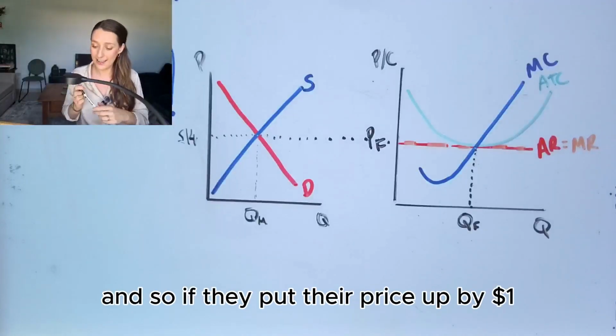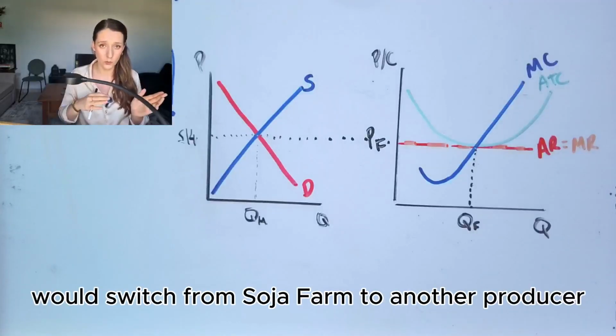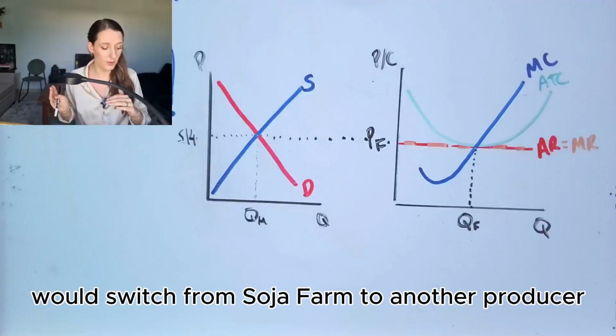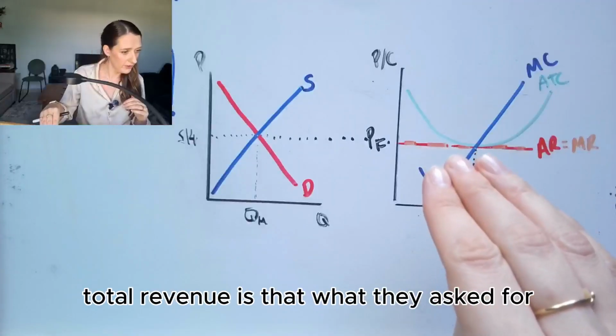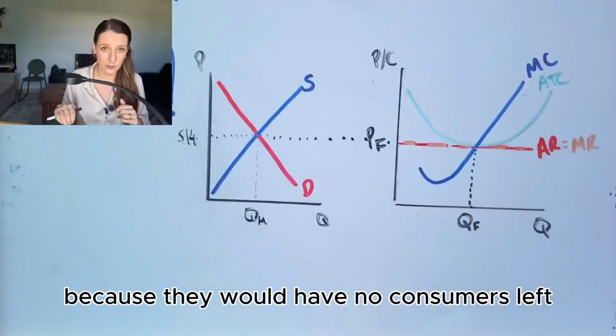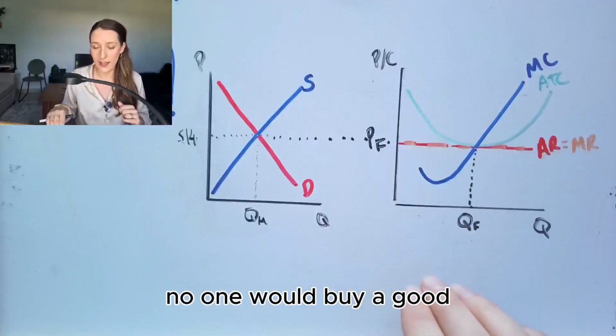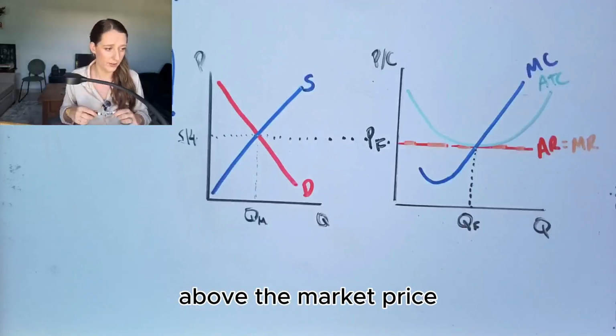And so if they put their price up by $1, all the consumers of soybeans would switch from Soja Farm to another producer. And that means that Soja Farm's total revenue, is that what they asked for? Yep, total revenue would fall to zero because they would have no consumers left. No one would buy a good in a perfectly competitive market above the market price.